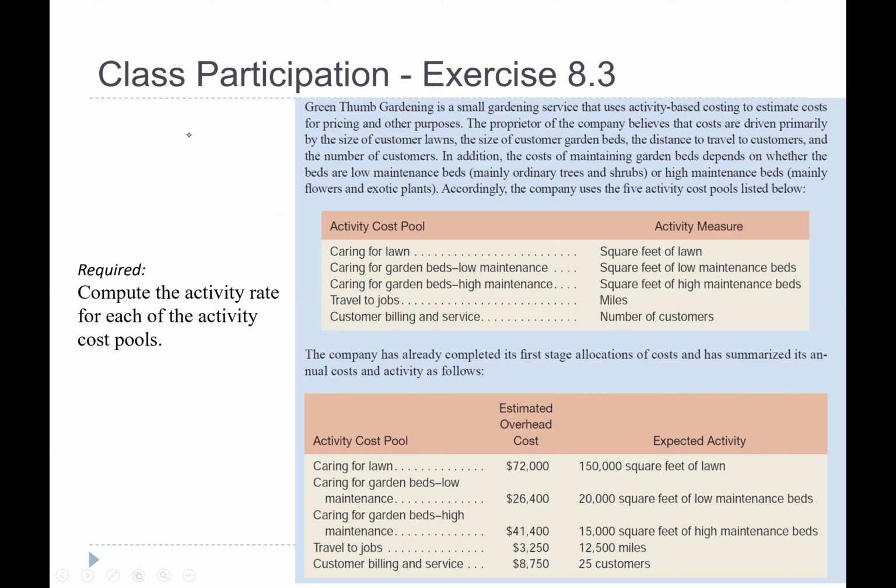Another class participation activity: all you have to do is find the activity rate. All the cost pools and activity rates are here. I'm going to turn on the breakout room again. Please answer the following question.